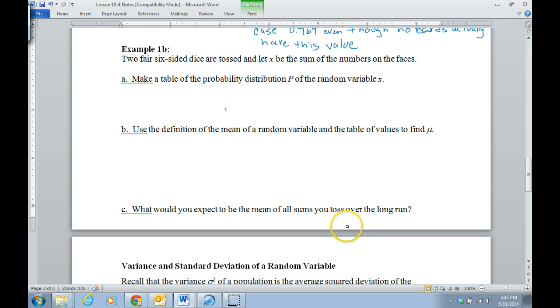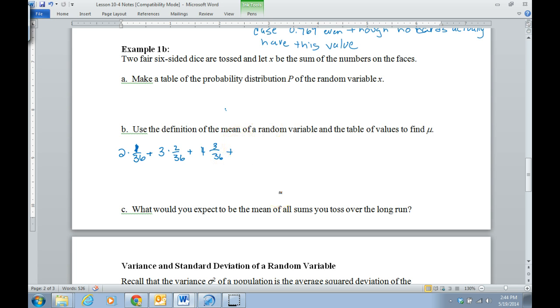So you're going to take the sum of the values, which for number 2 is 2 times 1 out of 36, plus 3 times 2 out of 36, up to 12 out of 36. Make sure that you remember them when you're doing it, though, okay?